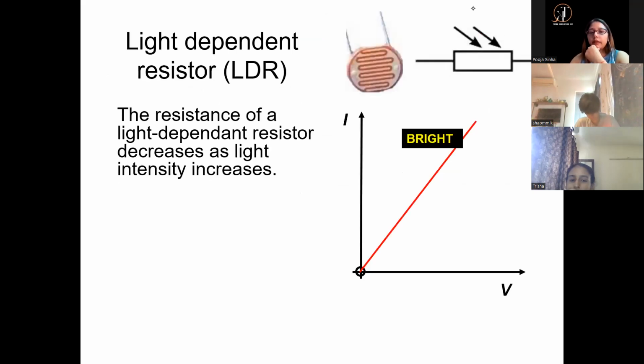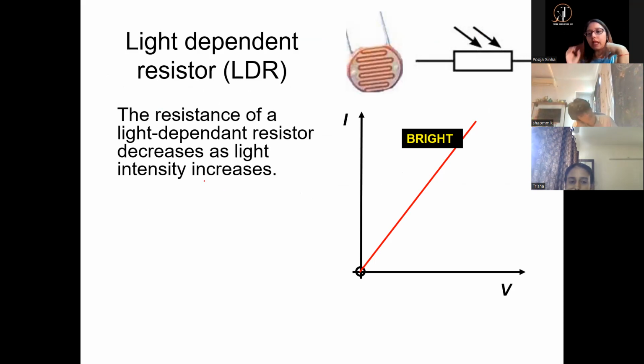Now we come to the LDR. LDR is a light dependent resistor. Just as the thermistor was temperature dependent, this is light dependent. The resistance of a light dependent resistor decreases as the intensity of light increases.